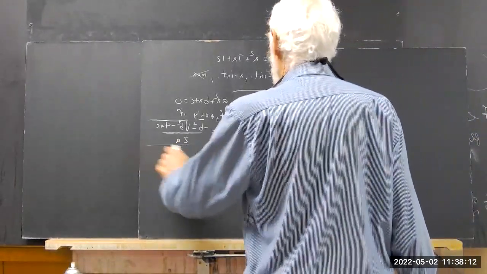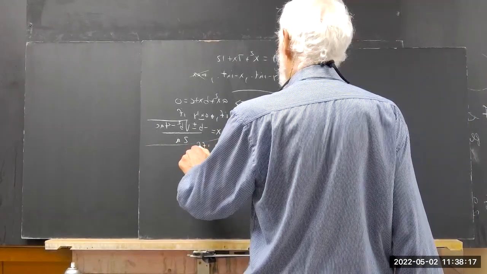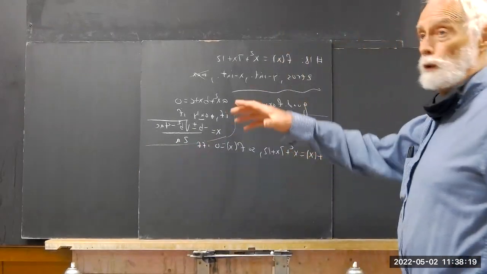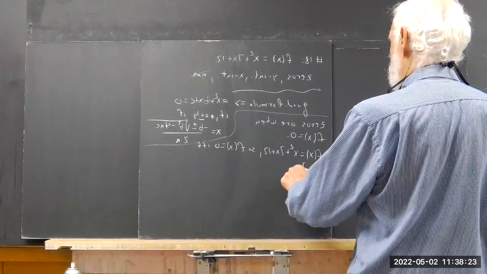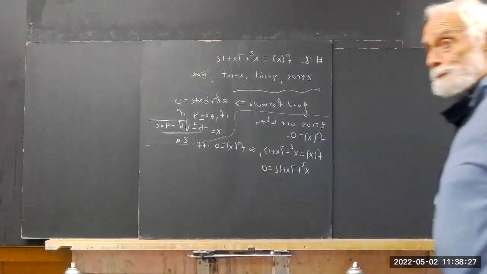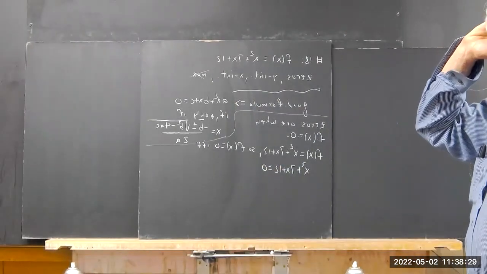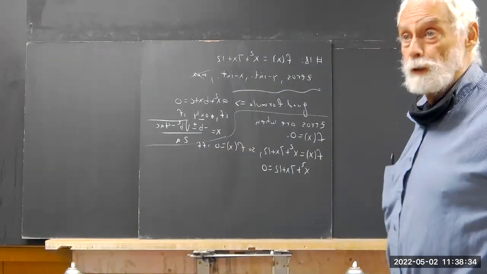So f of x equals 0 if and only if, IFF stands for if and only if, x squared plus 7x plus 12 equals 0. So that's the number one thing you need to understand about the quadratic formula.